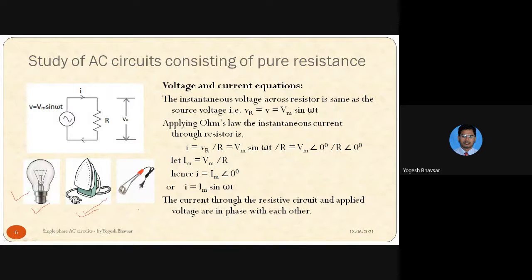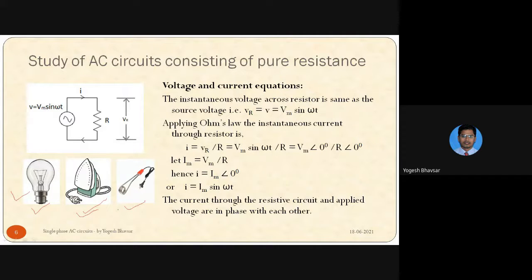The third thing that everyone knows is the bucket heater or electric heater, which heats the water in the bucket or in the heater itself, right? So this also has a purely resistive circuit. It contains the same thing as the electric iron.